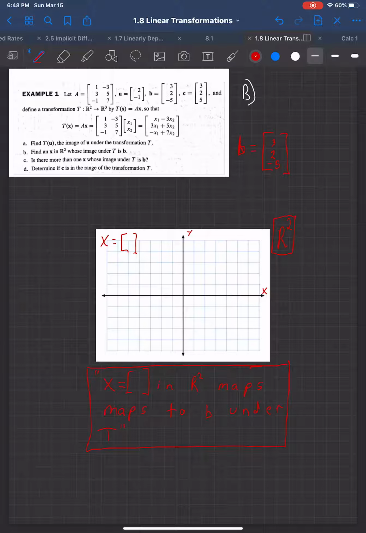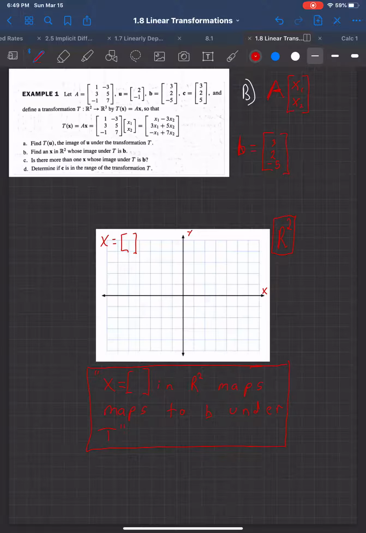Do you understand the question? A lot of linear algebra comes down to whether you actually understand the question. Here is the question. We have A, and we know what that is, multiplied by x. It says in R2, so that would mean we have two variables.